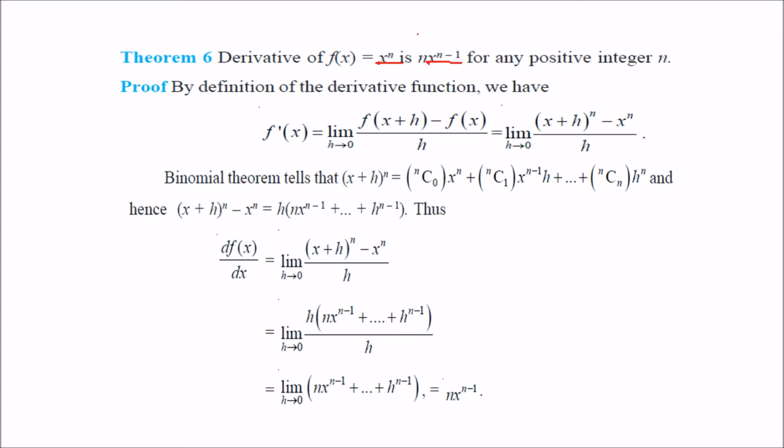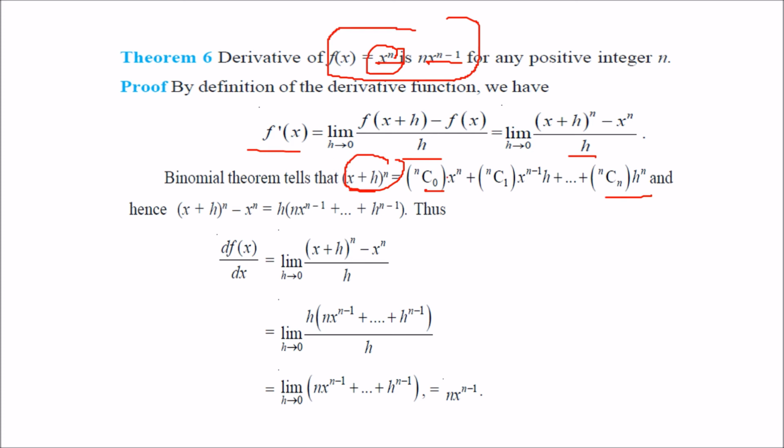This is a very important relationship that we are going to see just now. By the first principle, the derivative function will be f'(x), which is equal to f(x plus h) minus f(x) by h. Let us place x plus h here, so it will be (x plus h) to the power n minus x to the power n by h. See, in this place, we can just open it through the binomial theorem: nC0 x to the power n, and so on.